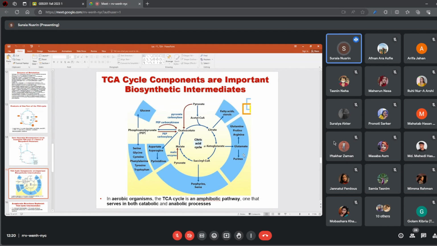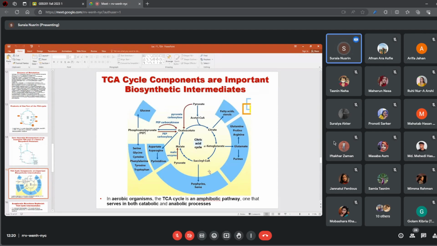From alpha-ketoglutarate, the amino acid glutamate is synthesized, and from glutamate other amino acids as well as the purine bases are synthesized. From succinyl CoA, porphyrins and the heme group are synthesized. From oxaloacetate, the amino acids aspartate and asparagine are synthesized, and from that, the pyrimidine bases are synthesized.